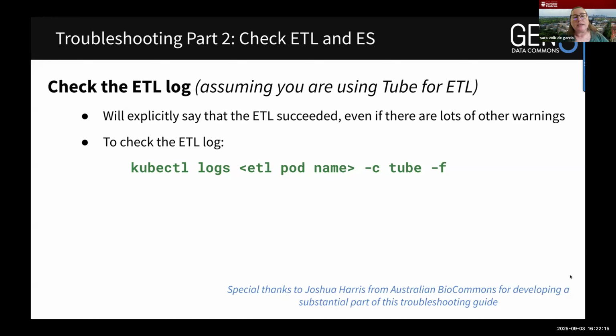So check the ETL log, and even though there might be lots of dramatic warnings, if ETL says in there that it succeeded, then you can be pretty confident that it did finish. It'll say that it failed if it did. And so I've included here, if you've deployed using Helm, some commands that you can run to check that ETL log.